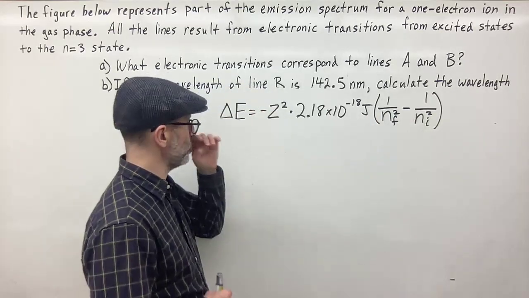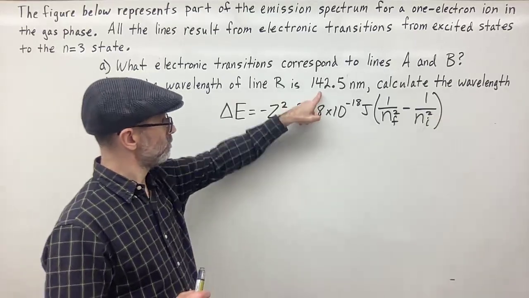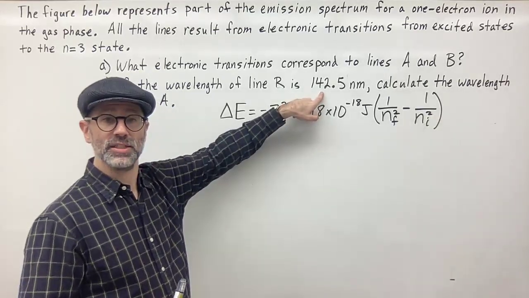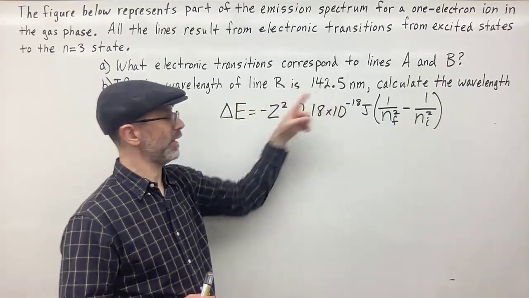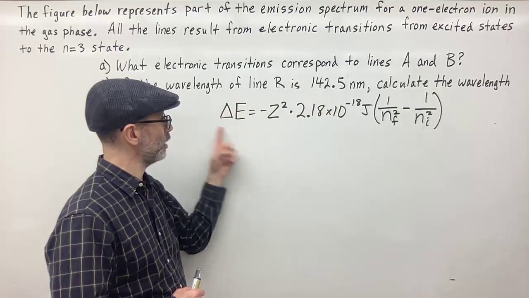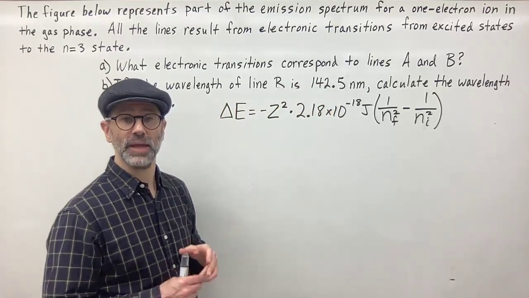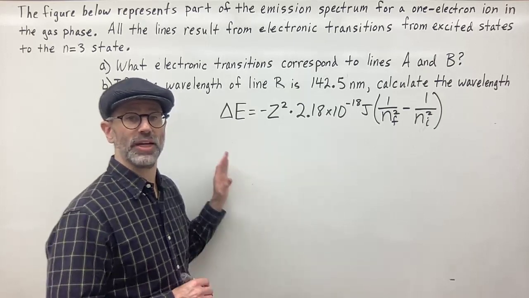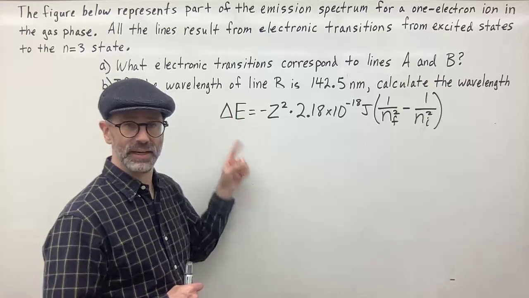So what we can do is, since we're given the wavelength situated with line B, we can use the wavelength and convert that to the energy of the photon from line B. So if we can get the energy of the photon, we can use that and plug that into the equation.